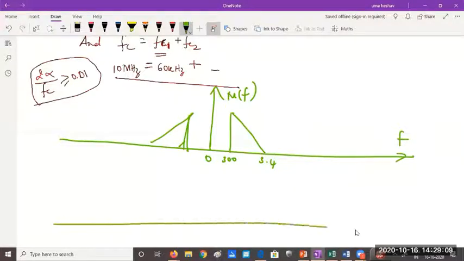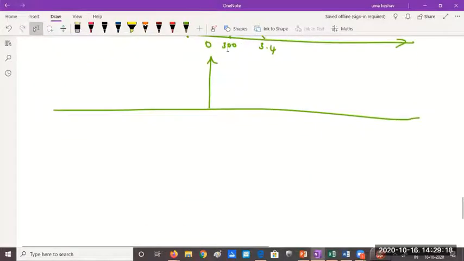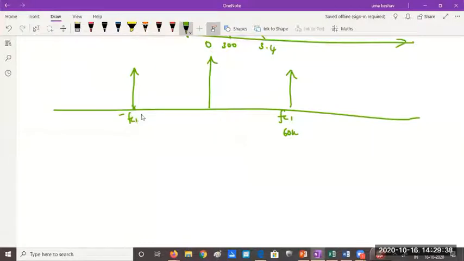And next, the carrier would be somewhere here. Here I need to choose two carriers. So the first carrier, let me say, would be somewhere here, FC1, 60K for example. And at minus 60K, I would have another impulse, FC1.